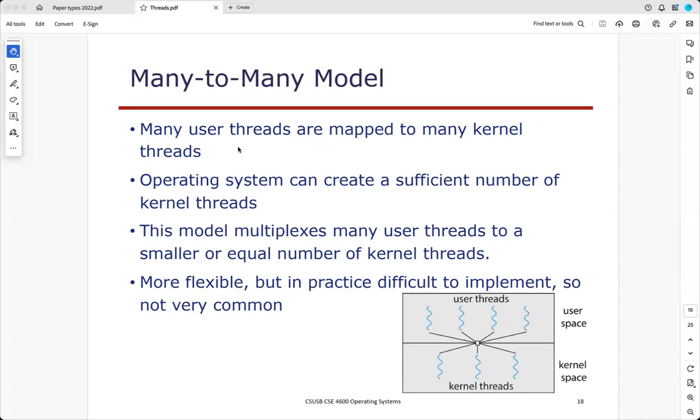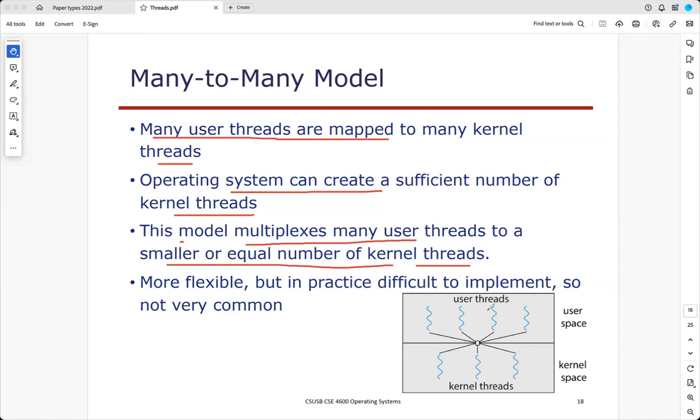The last one is the many-to-many model. This means that many user threads are mapped to many kernel threads. The operating system or the kernel can create a sufficient number of kernel threads. But normally, this model multiplexes many user threads to a smaller or equal number of kernel threads.